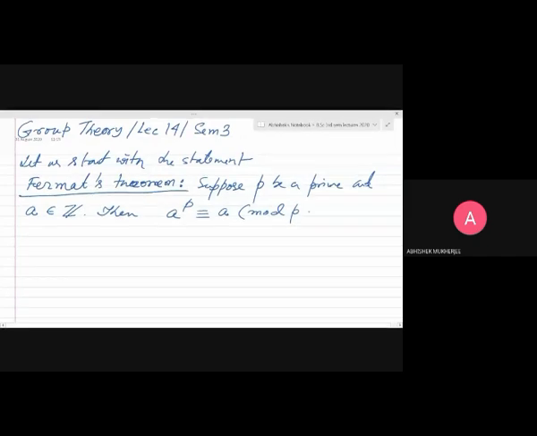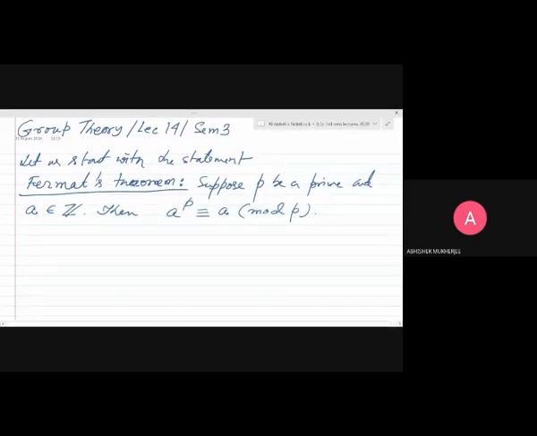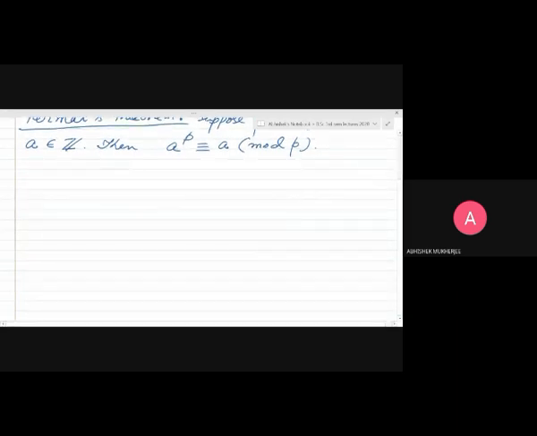So this is the statement, that a to the power p must be congruent with a modulo p. Okay, fine. So how to achieve this proof?